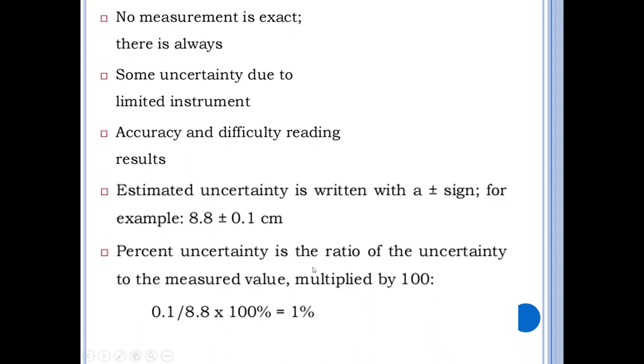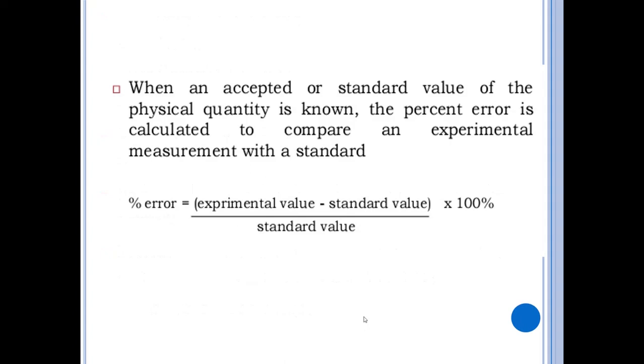Percent uncertainty is the ratio of the uncertainty to the measured value multiplied by 100. So you put 0.1, the uncertainty, divided by 8.8, the measured value, times 100%, and you get the uncertainty of 1%.